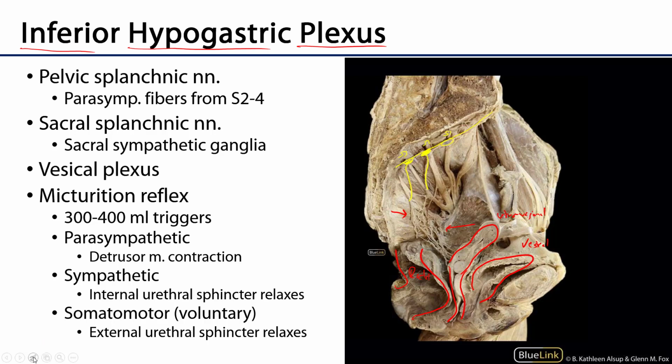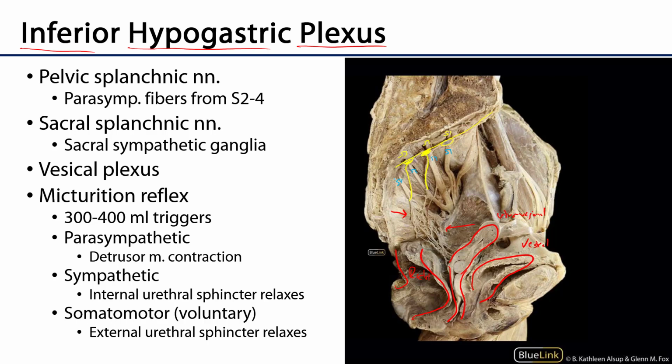There will also be pelvic splanchnic nerves. So here is sacral nerve 1, sacral nerve 2, sacral nerve 3, going down, sacral nerve 4.